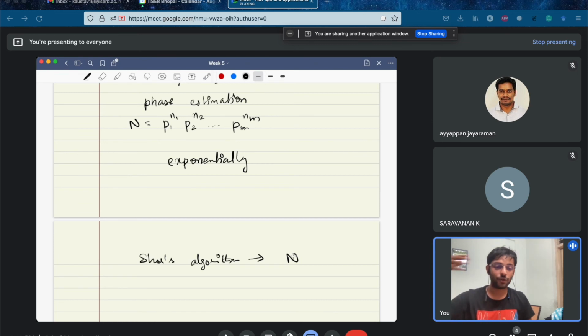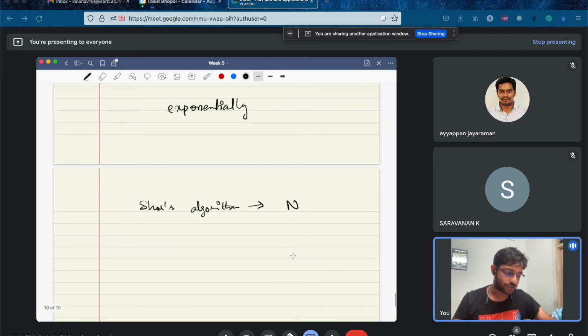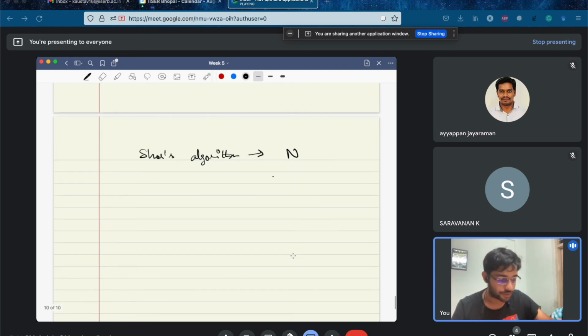So when you have e to the power n, it gets very difficult, and moreover classical computers are not as efficient as quantum computers. You might have recently heard about Google claiming that some calculations that would have taken classical computers some 10 to the power 6 years can actually be solved within a few seconds on quantum computers.